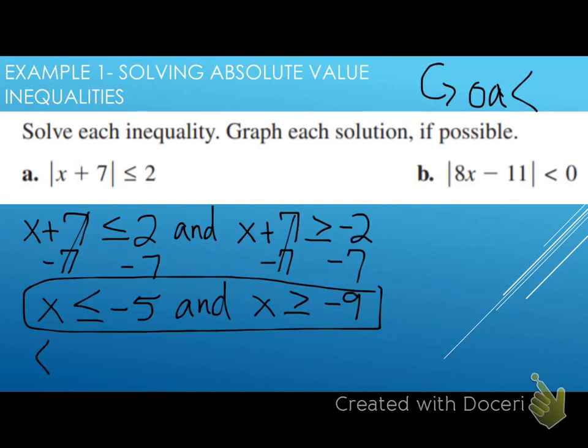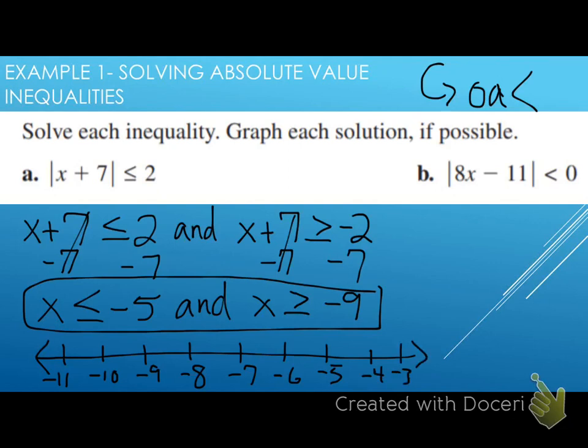Now I've got to graph it. This is just like the past 2 days' assignments, right? Just graphing a compound inequality. Open or closed circle on negative 5?